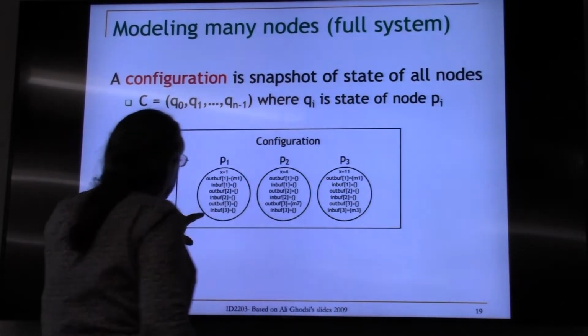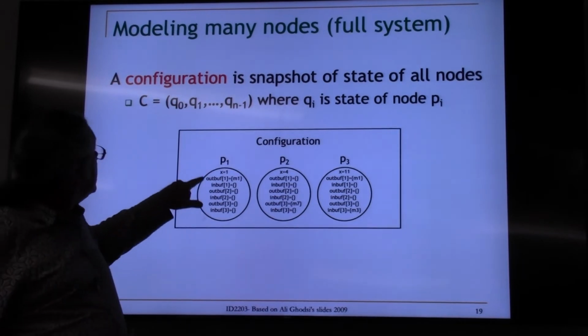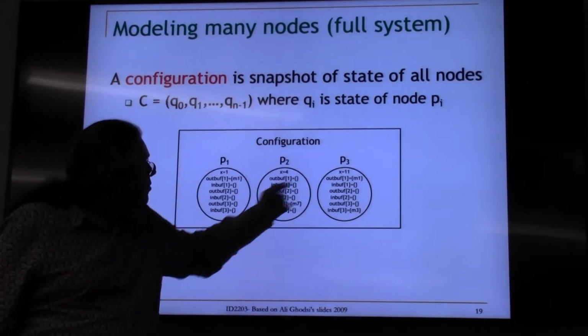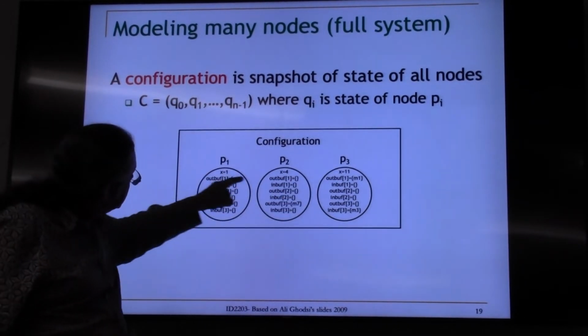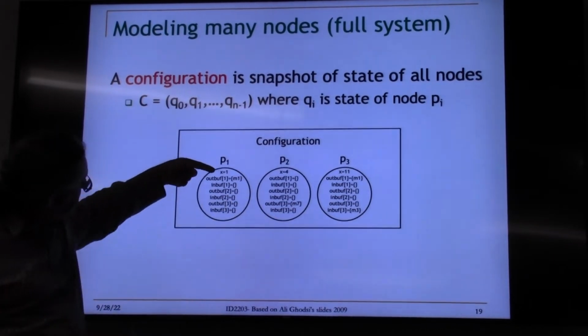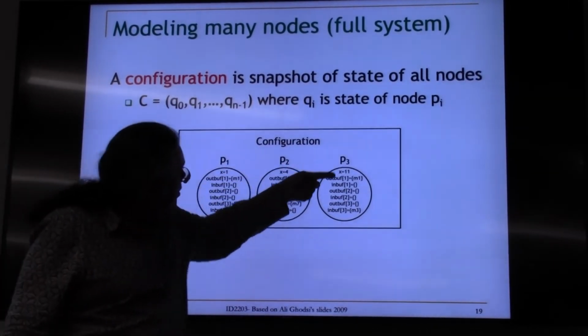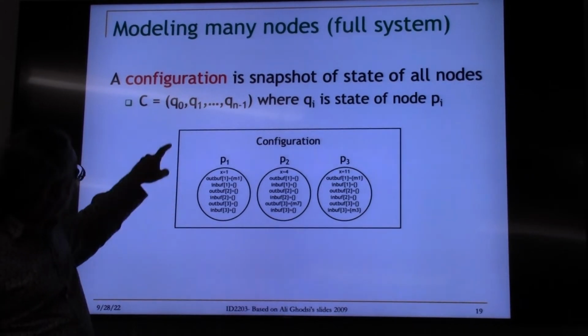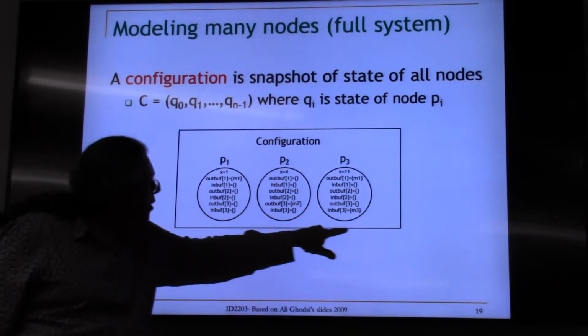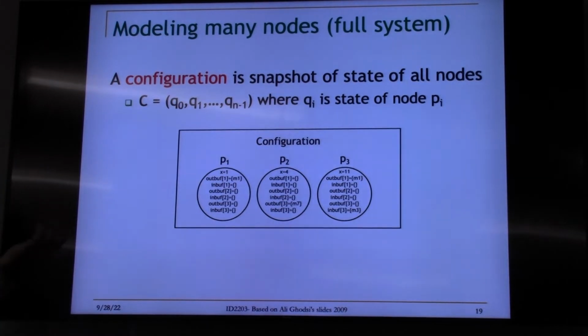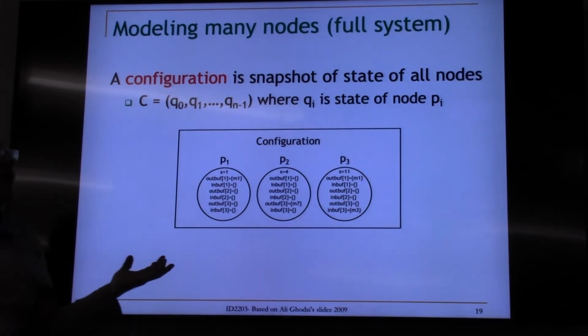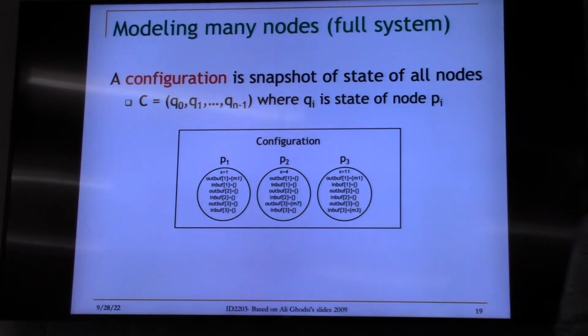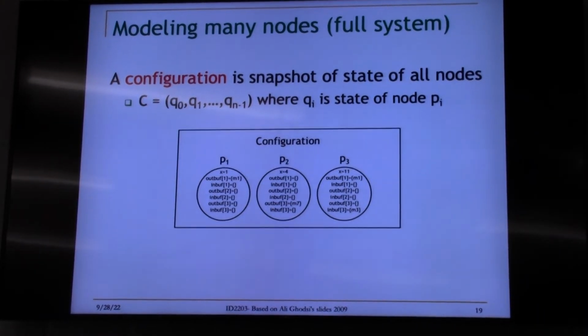So here is an example of a system with 3 nodes, P1, P2, P3, and each node has its own state with the X's and the outs and the in buffs. Okay? And we have to make a word here. I say this is the state of a node.